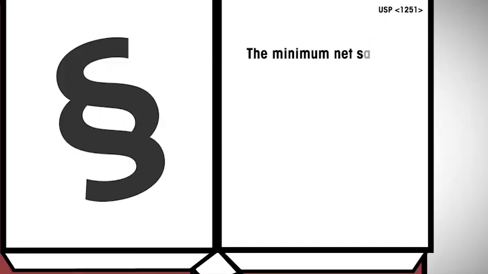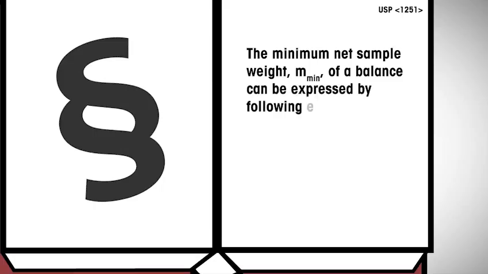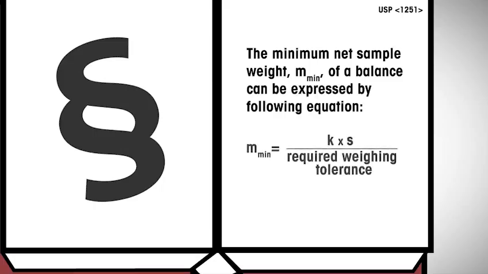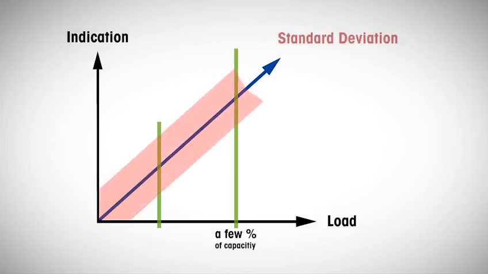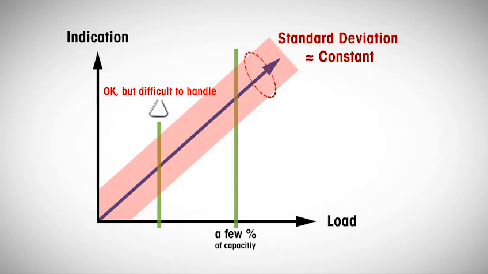The minimum net sample weight, M-min, of a balance can be expressed by the following equation. We've already seen the Chapter 41 criteria for repeatability. Solving this equation for the mass yields that the minimum weight must be equal or larger than 2000 times S. USP states that the standard deviation is virtually independent of the sample mass at the lower end of the weighing range.